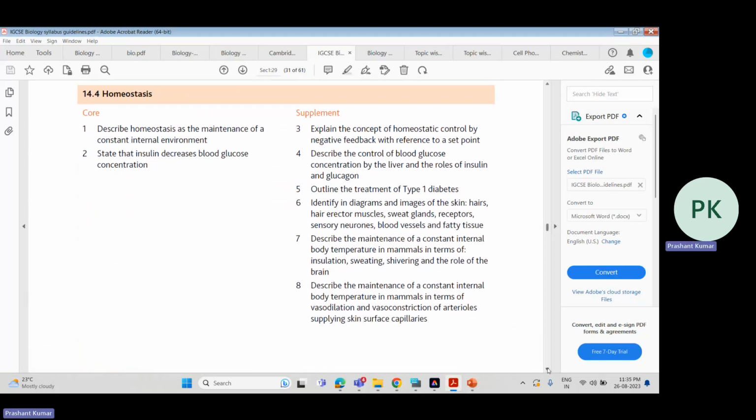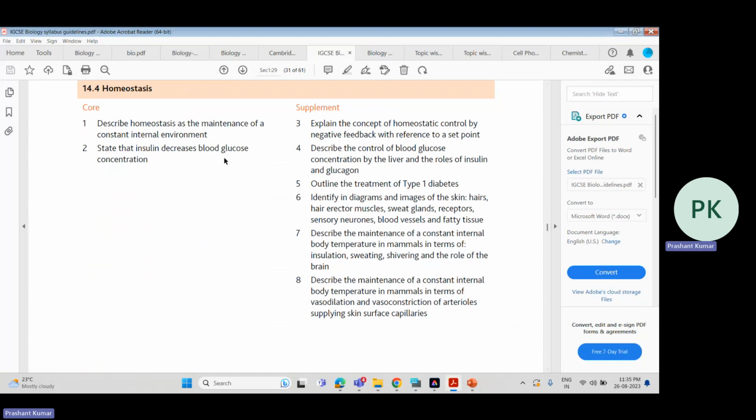In this section, we'll talk about homeostasis as the maintenance of a constant internal environment. State that insulin decreases blood glucose concentration. Explain the concept of homeostatic control by negative feedback with reference to a set point.